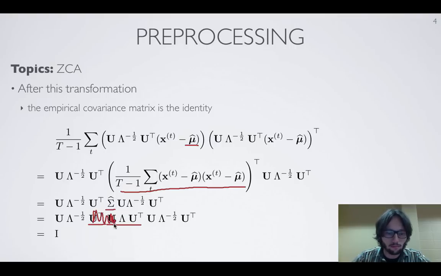So this disappears, and this disappears for the same reason. Now I have the inverse square root of the elements of the lambda matrix times the lambda matrix, which means I can make that disappear and have just lambda to the 1/2 here. Now I have lambda 1/2 times lambda minus 1/2. So again, this is going to cancel out, and that's going to be the identity.